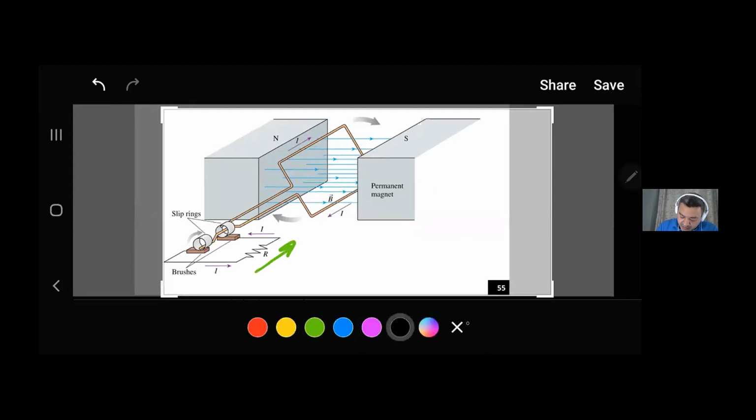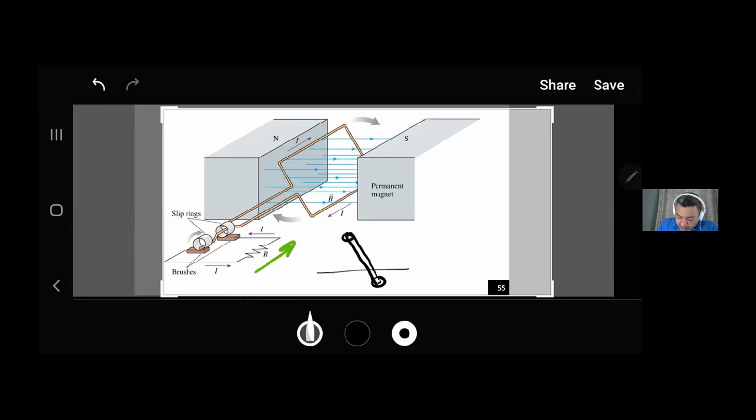if I am to look from here, then I would be seeing the loop like this, and the magnetic field like this.